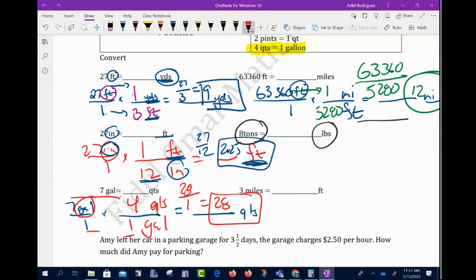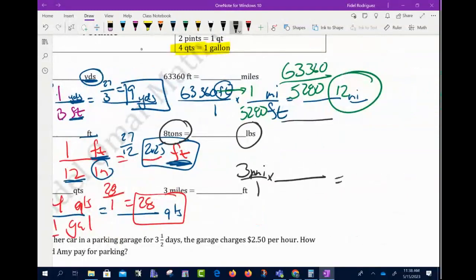Okay, look, y'all, we got one last one to do here like this, and then we'll do the next little bit. 3 miles to feet. I'm going to go 3 miles over 1 times something is going to be my answer in feet. So I want to end up with feet, so I'm going to put feet on the top.